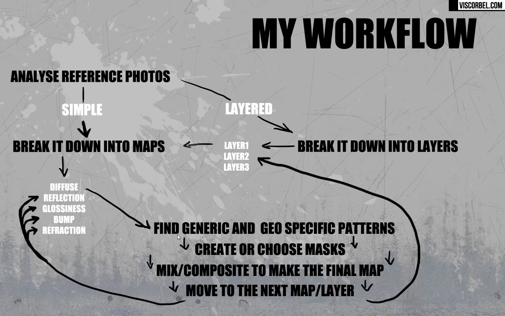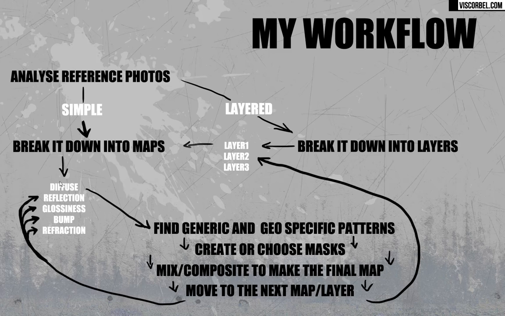And then I take those masks and mix and composite them together to create my final map. Sometimes I do this step in Photoshop if the desired map is very complex or it's simply faster to do in Photoshop. And then I move on to the next map.